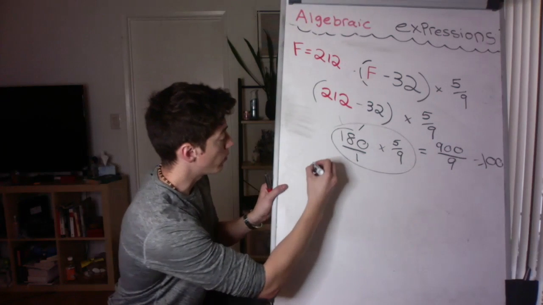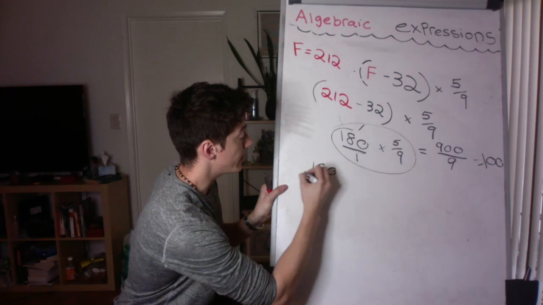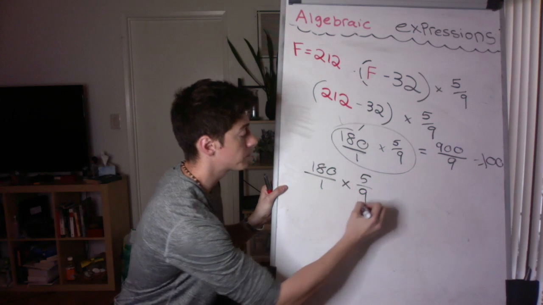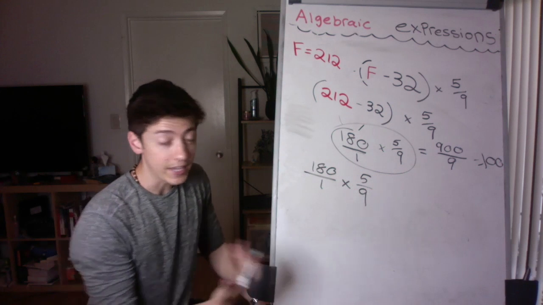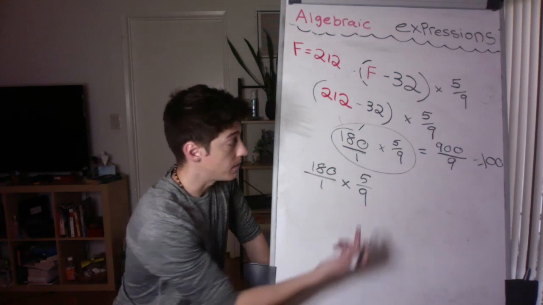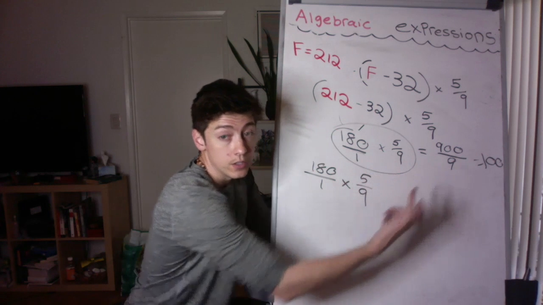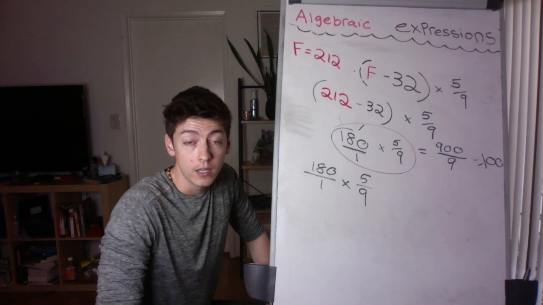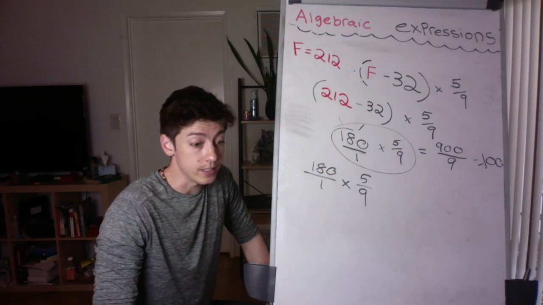So over here, I'm going to write out the same problem, 180 times 5/9. Well, I can see that I'm going to be dividing by 9 eventually, right? Because I'm just doing 1 times 9. So what I could do is first divide the top and the bottom by 9. And then I'll have an easier time multiplying.